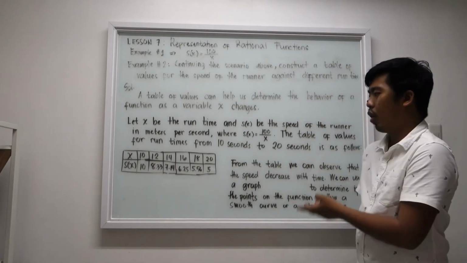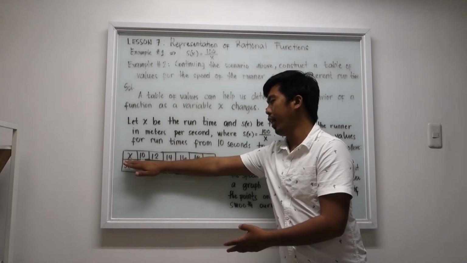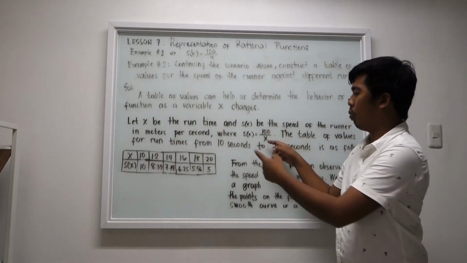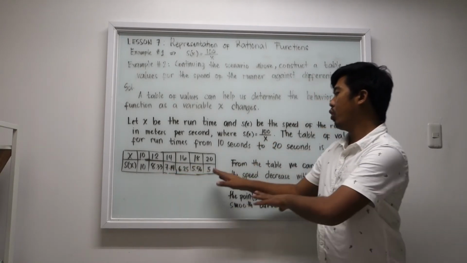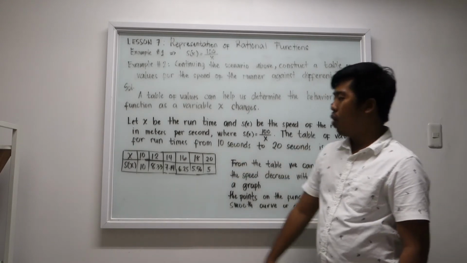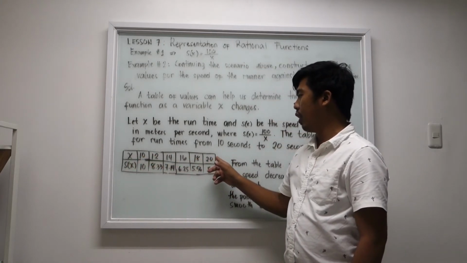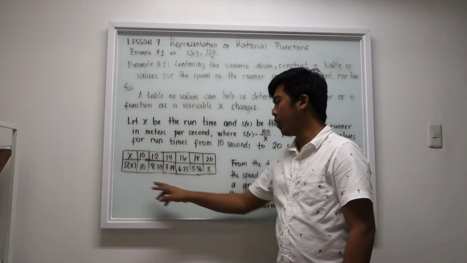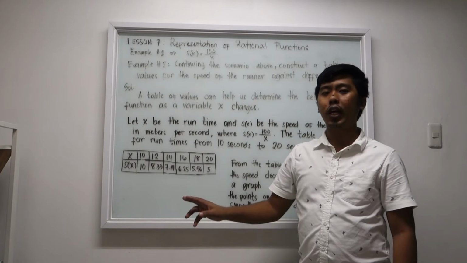Now what we're going to do here, we have x's from 10 to 20. We substitute that in x, so 100 divided by 10 becomes 10, 100 divided by 12 becomes 8.33, and so on up until 20. Here, x is the time, 10 seconds to 20 seconds, and s of x is the speed in meters per second.